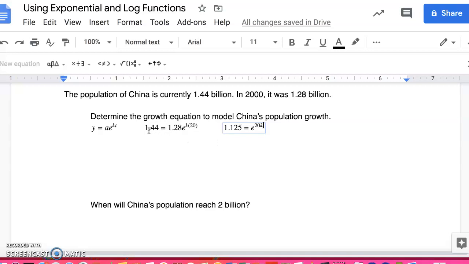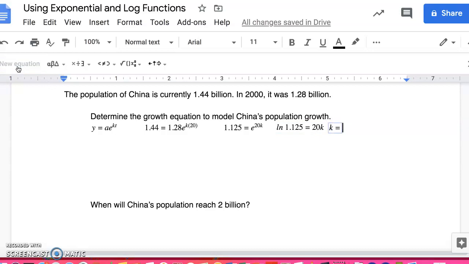Got rid of it over here, and I got 1.125 over here. And now I'm at that point where I need to get the exponent off the e. And so that's natural log time when that happens. So we take the natural log of 1.125, and the natural log of e to the 20k is just 20k. And so then all I have to do is take the natural log of 1.125 and divide it by 20.